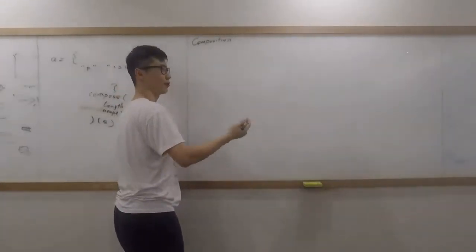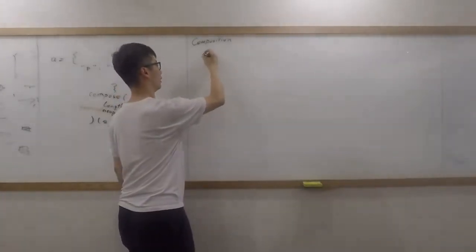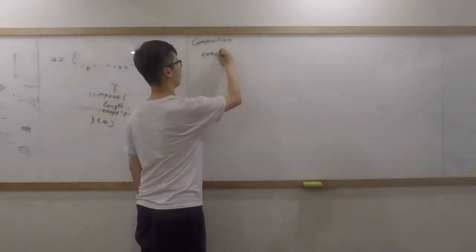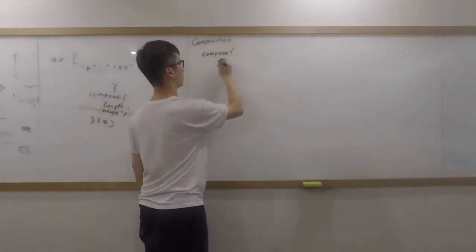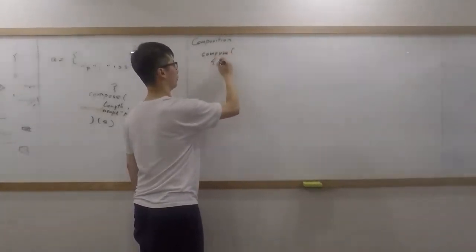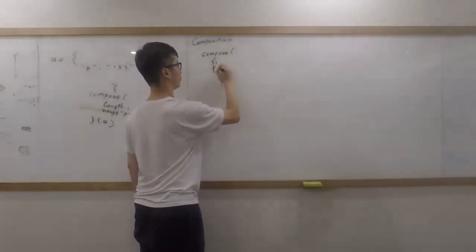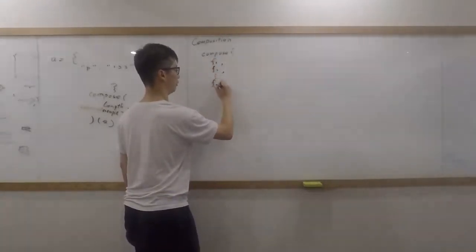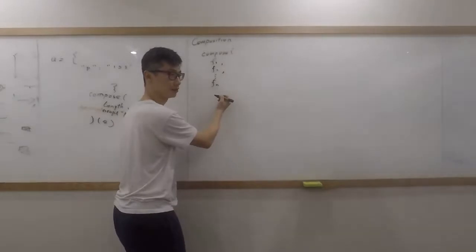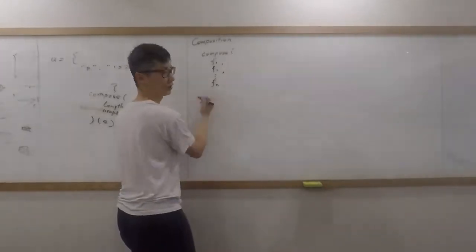Let's examine what's the requirement for a compose function. A compose function will take F1, F2, Fn. Itself is not curried for now.